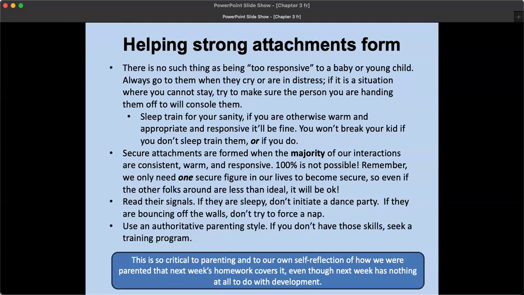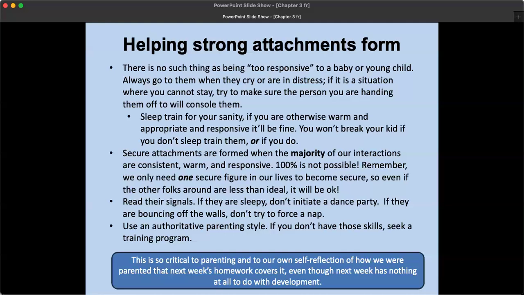It doesn't have to be perfect. You do not have to hit a hole in one every single time you swing the club. That's just not life. It's about the majority of our interactions. You need to make sure that you're consistent and warm and responsive, right? You're just not going to be able to be there 100% of the time.